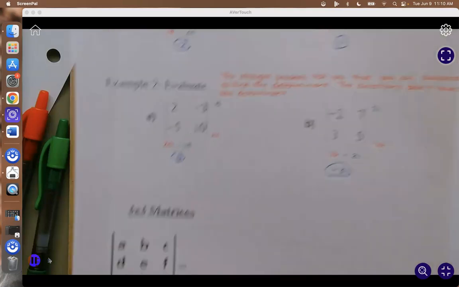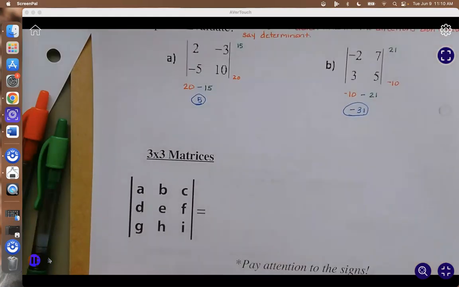Now, to do a 3 by 3, it gets a little bit more complicated.